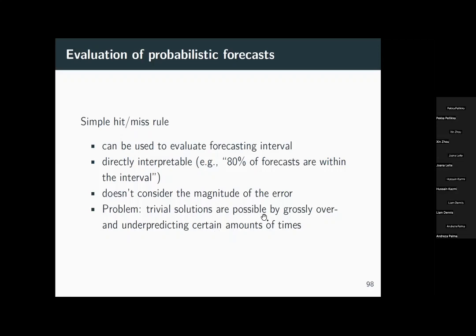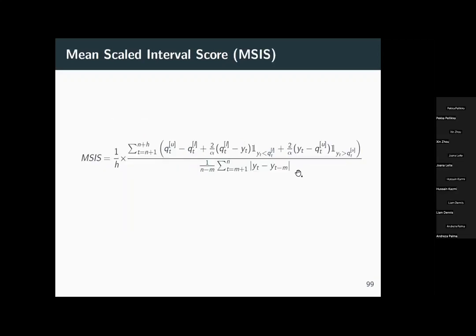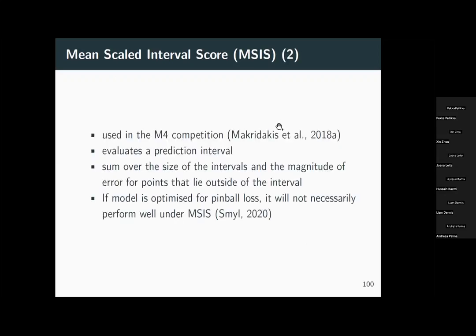The problem is you can come up with trivial solutions where you make the interval sometimes very small and sometimes very large. So you need some other ways to evaluate as well. I don't want to go too deep into this one. You have the mean scaled interval score, which measures the size of the interval and then penalizes you if you lie outside of the interval, by how much you lie outside of it.